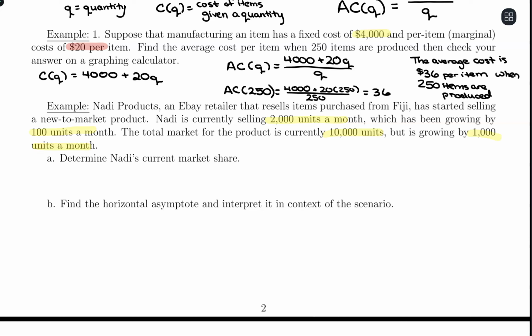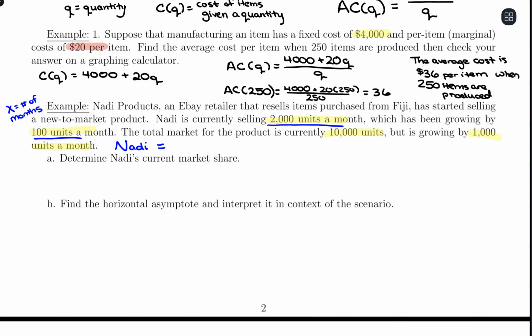So we have our two scenarios here. We have what's happening for this company. So those 2,000 units a month growing by 100 units a month is specific to this company. So let's have X represent the number of months. So for this company Naughty, how they're operating within the market is, we're working with everything in terms of a scale of per month.